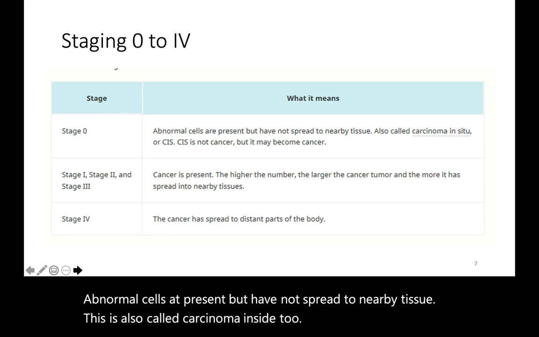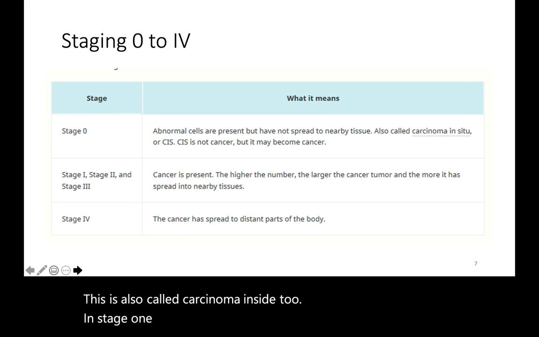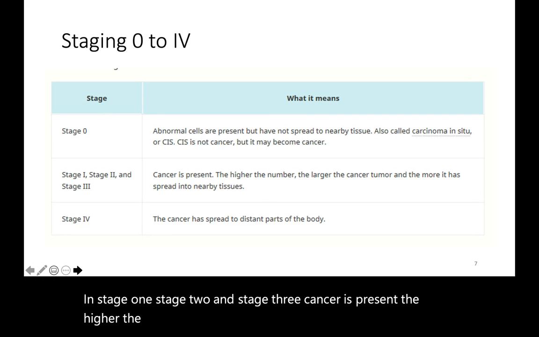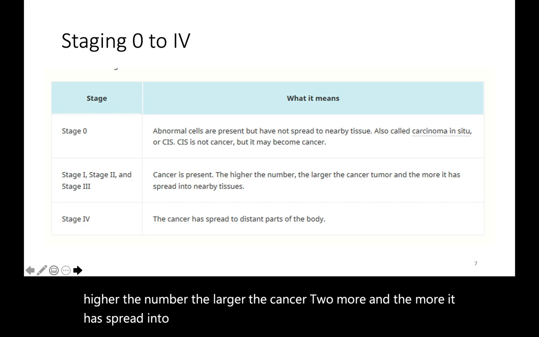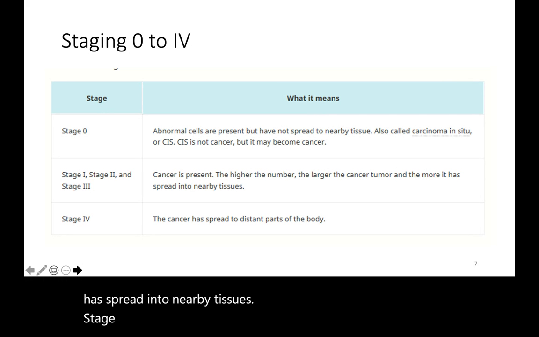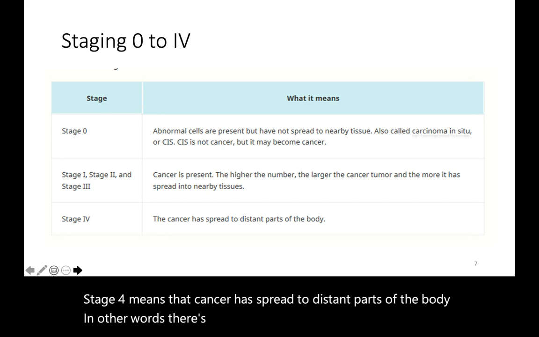In stage 1, stage 2, and stage 3, cancer is present. The higher the number, the larger the cancer tumor, and the more it has spread into nearby tissues. Stage 4 means the cancer has spread to distant parts of the body. In other words, there's metastasis.